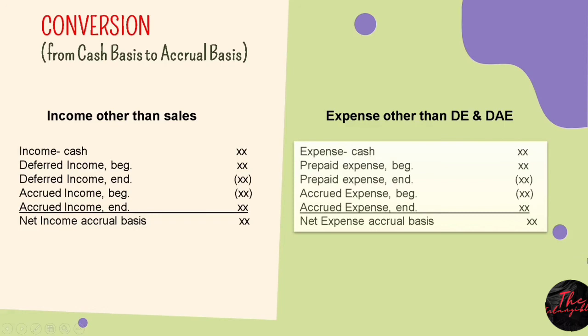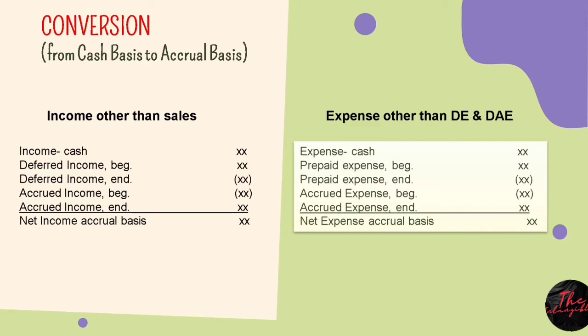Conversion of expense other than depreciation expense and doubtful accounts expense. This method is similar to income other than sales conversion into accrual basis of accounting, wherein instead we start here at expense under cash basis of accounting. And there are also two accounts we consider, the prepaid expense, beginning and end, accrued expense, beginning and end as well.